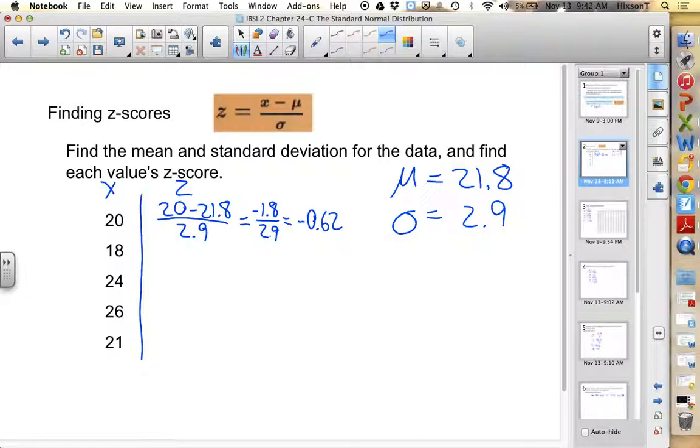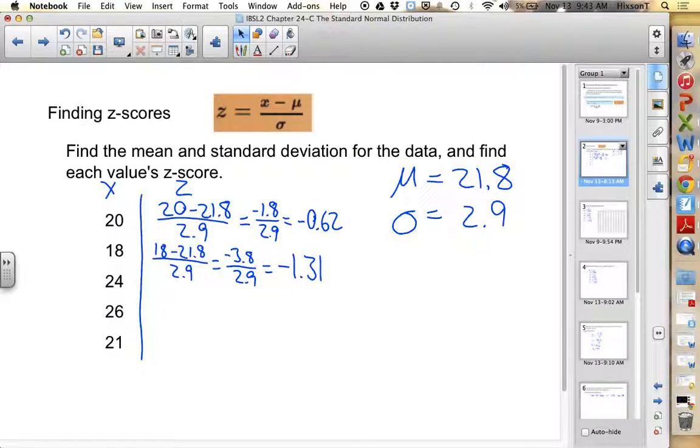So we could do the same thing for all of these. 18 minus the mean over 2.9. We get a negative 3.8 over 2.9, and that's going to be negative what? 1.31.